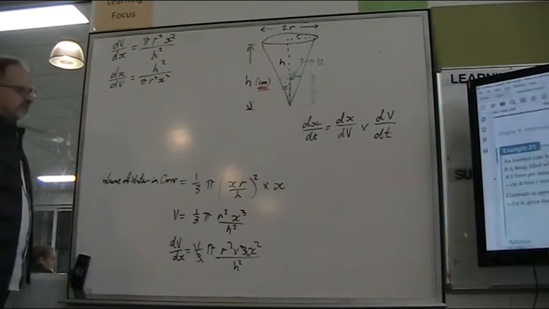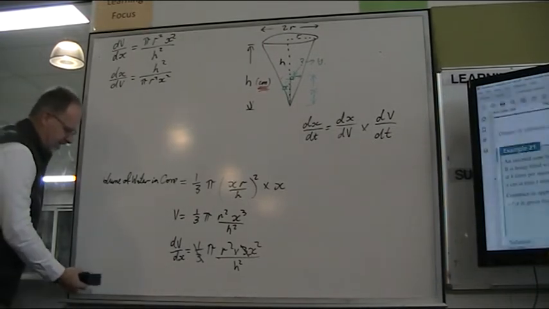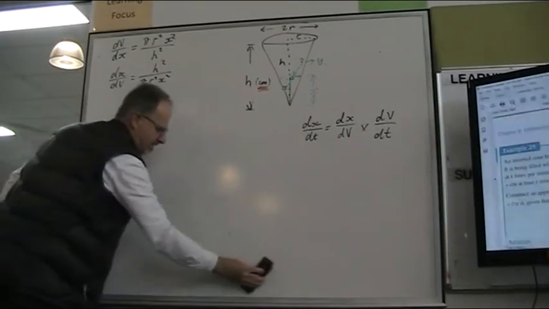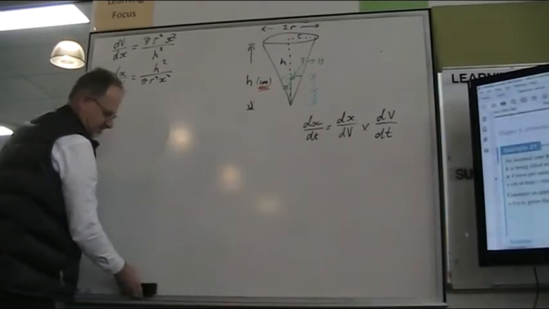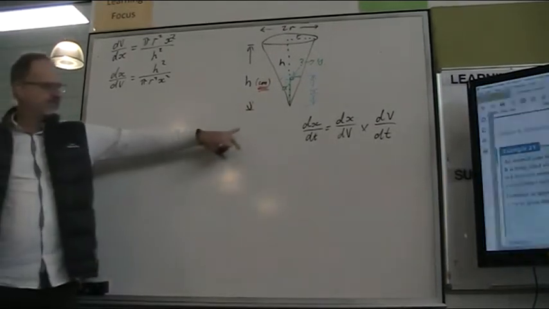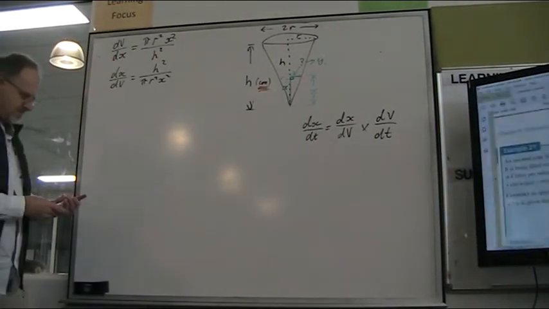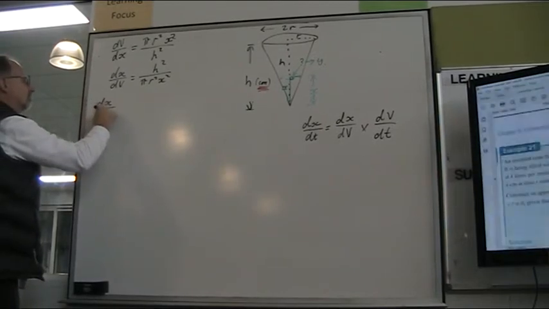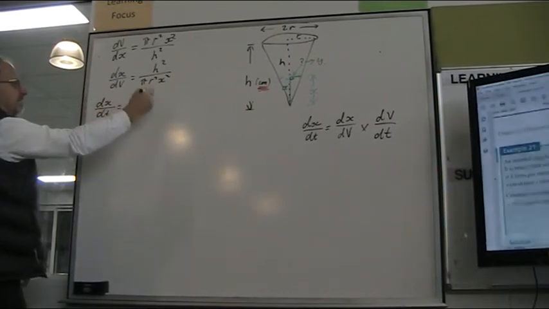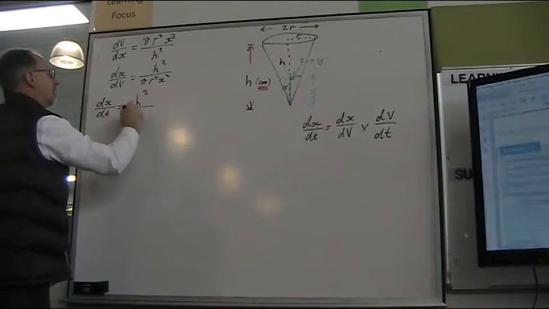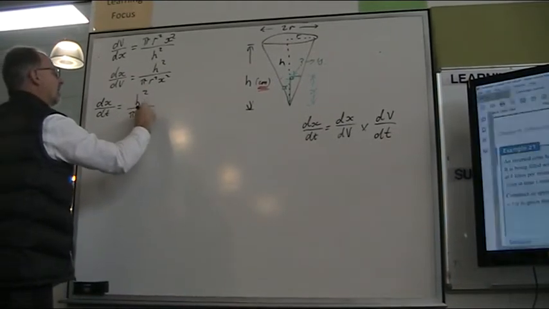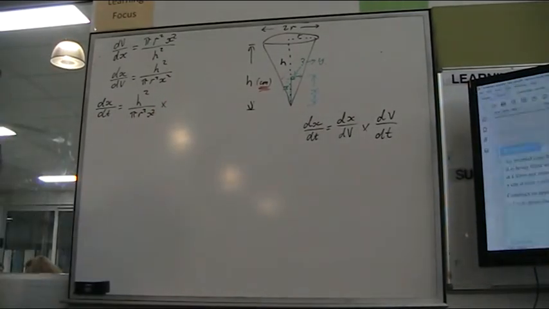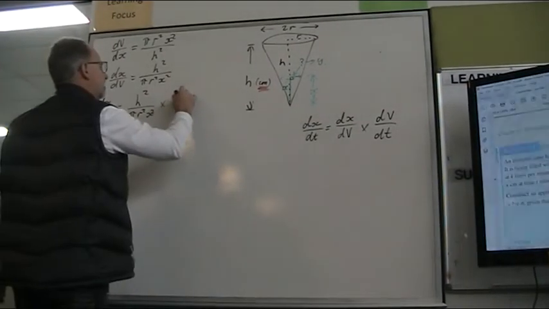All right, I think we're now ready to come up with our expression for dx/dt. So dx/dt is dx/dV, which is the h² over πr²x², times dV/dt, which was the 1000k, wasn't it?